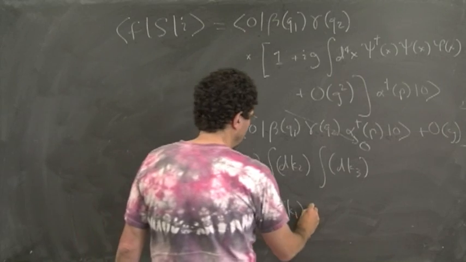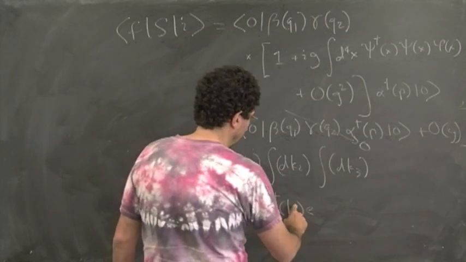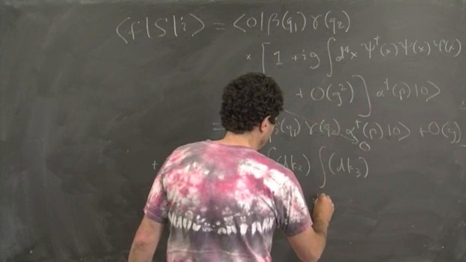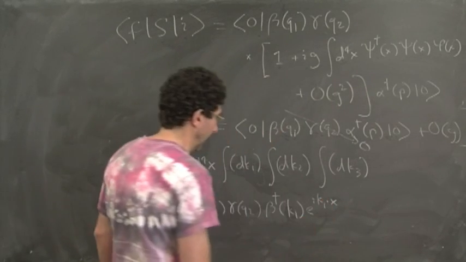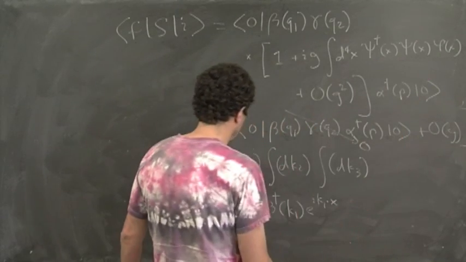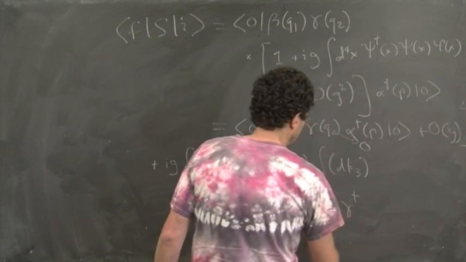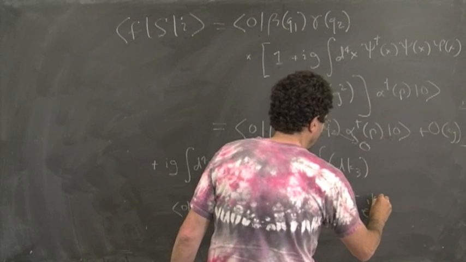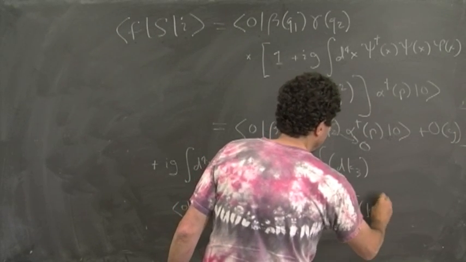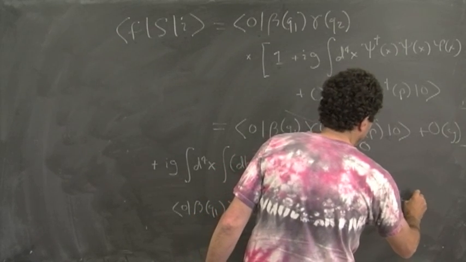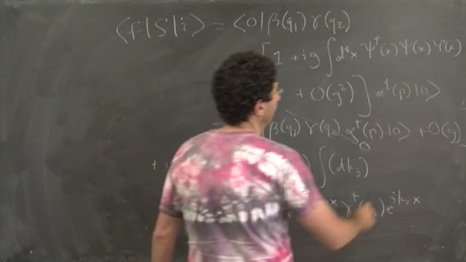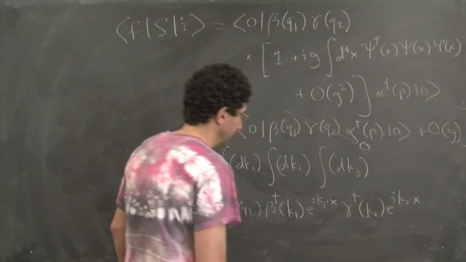And this is actually going to be a negative frequency term, so we'll have a plus ik1 dot x from this guy right here. From this guy right here, we're going to pick up a gamma dagger, and that will also be with an ik2, so a gamma dagger of k2, e to the ik2 dot x. And then we want to get the alpha dagger from here.